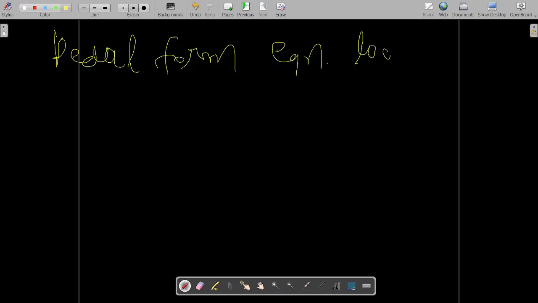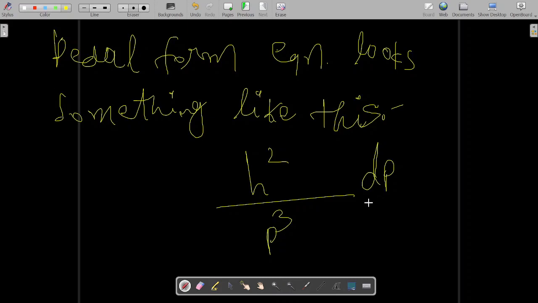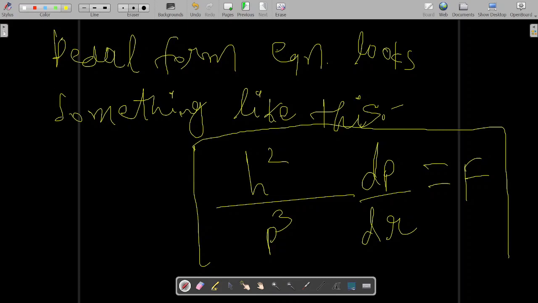It looks like this: h square by p cube dp by dr is equal to your f. This is how the pedal form equation looks like.